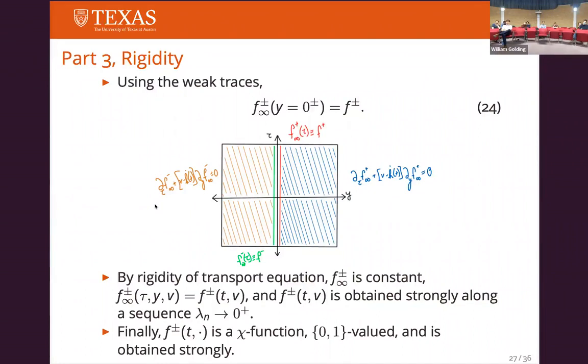And the weak trace then will have to be a characteristic function to get strong convergence. Basically, this is a compact rigidity in some sense. And we're using rigidity of the transport equation at the end. Any questions?